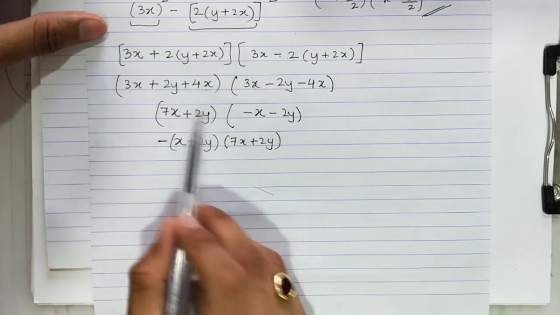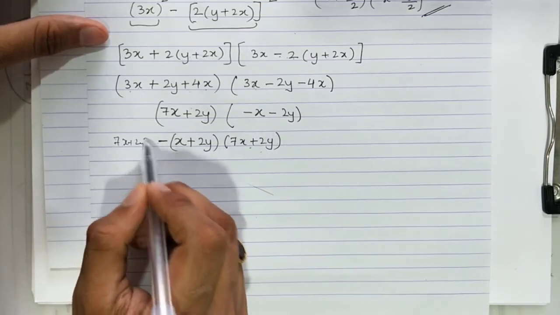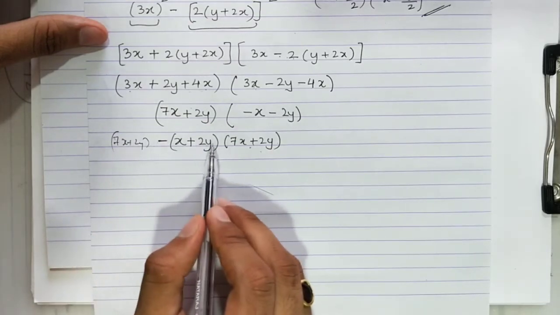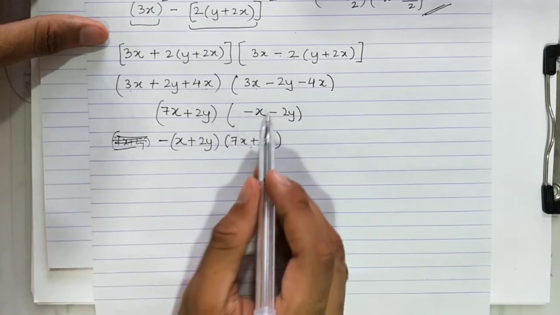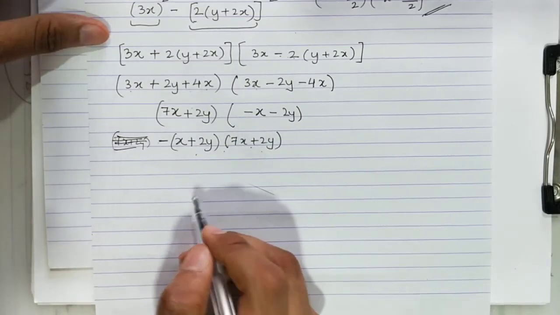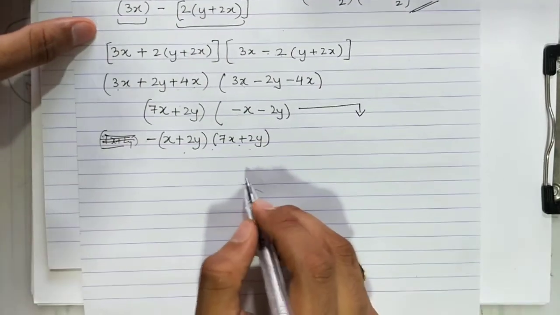Why did I shift this 7x plus 2y here? Because see, if you write it here 7x plus 2y, then there will be confusion: 7x plus 2y minus x plus 2y. It is not in this form, they are in multiplication. So I wrote this first, into 7x plus 2y. Okay. Or you can write the next step like this also.